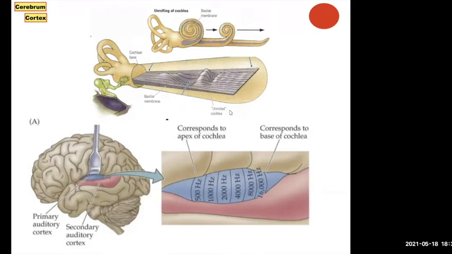The apex was very sensitive to low frequencies, which means it was also mapped, kind of like your retinal field, right? So these guys at the base, the sensory cells, would eventually route to this area and say, this is firing, this has a certain pattern of activity.